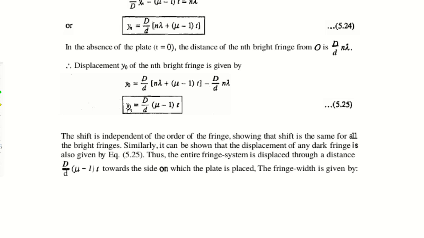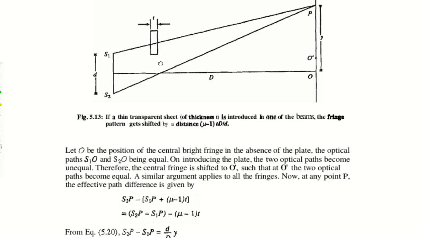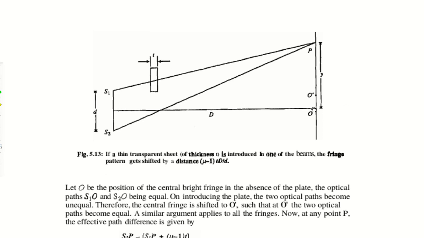And for this, what we discussed in our previous topic, the interference of white light: if you use white light, then the central fringe will surely appear bright and white. If you place a glass slab of thickness t, you can see by your naked eye that the white fringe is shifted to the point O prime.